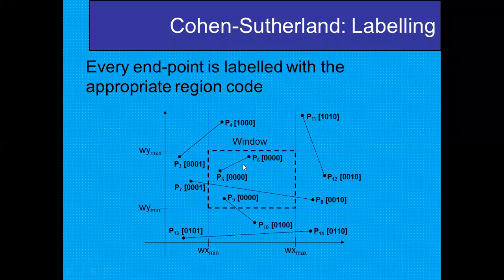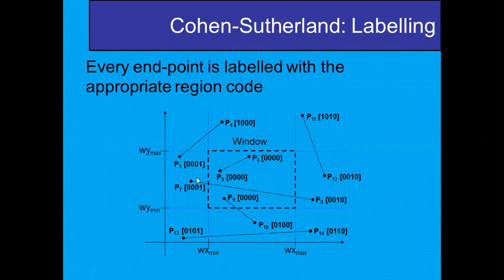Now this is P5. We are not aware of the coordinates of P5, but you can just put 0 0 0 0. Why are you putting 0 0 0 0 for the endpoint of P5? Because it is completely lying inside the window.